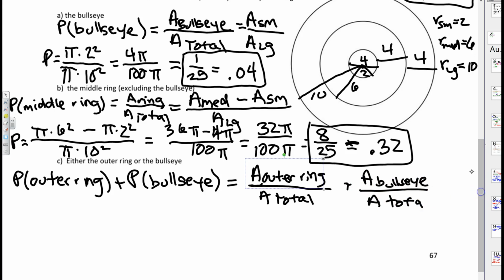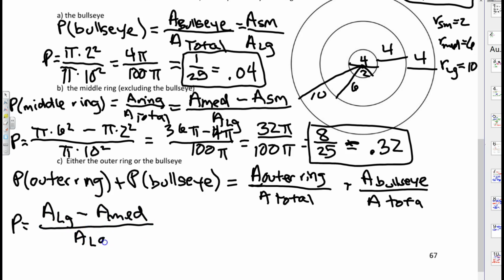Just like before with the middle ring, we don't have a formula for a ring. However, we can do subtraction. If I take this whole circle and then subtract out the middle circle, I'm left with just the outer ring. So we do the area of the largest circle, then remove the area of the medium circle to be left with just the area of the ring, and then we divide that by the area of the large circle because that's our total.